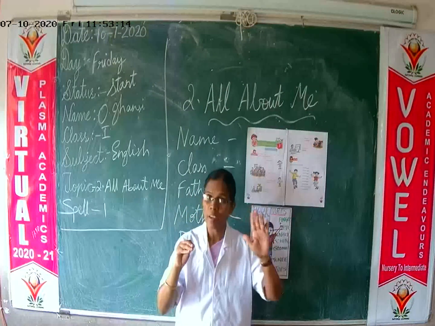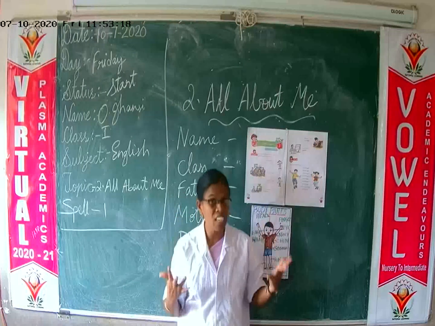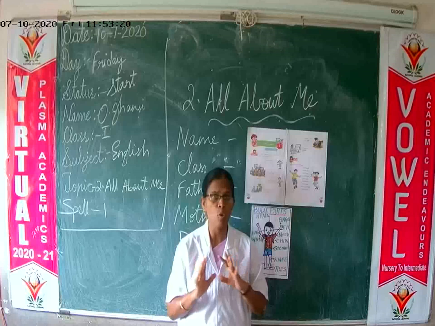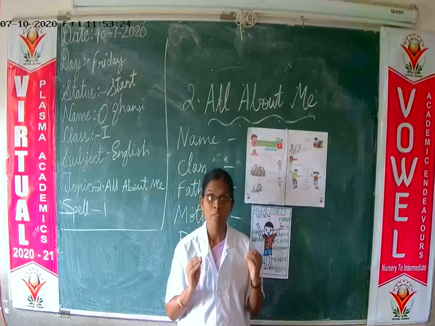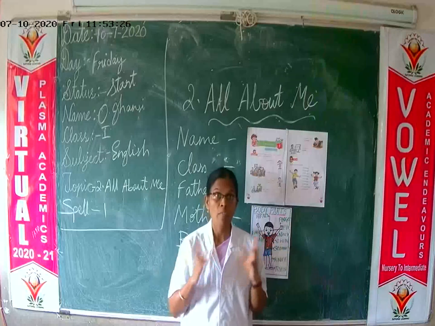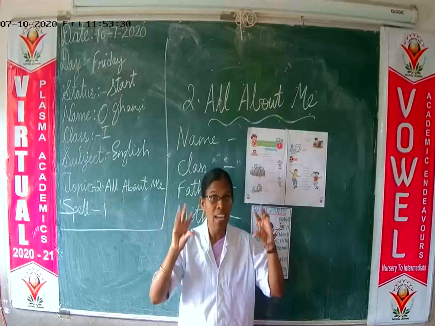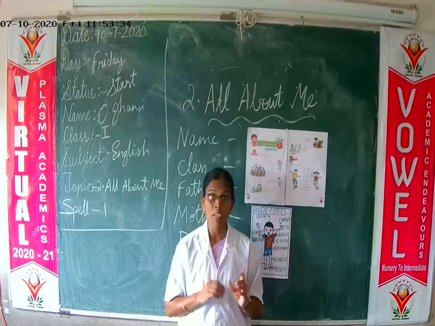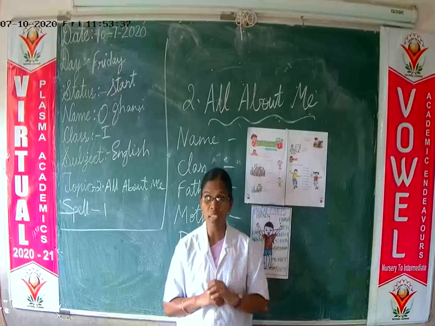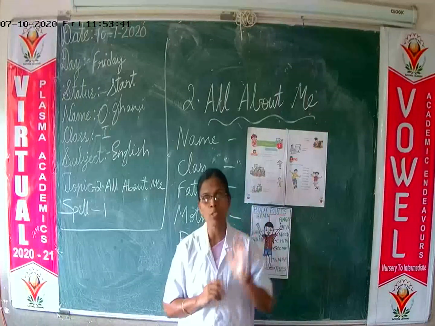If I don't ask you on one hand, I will ask you, how many fingers do we have children? 10 fingers ma'am you should say. If I ask you, how many fingers do we have on one hand children? Yes, 5 fingers ma'am you should say.